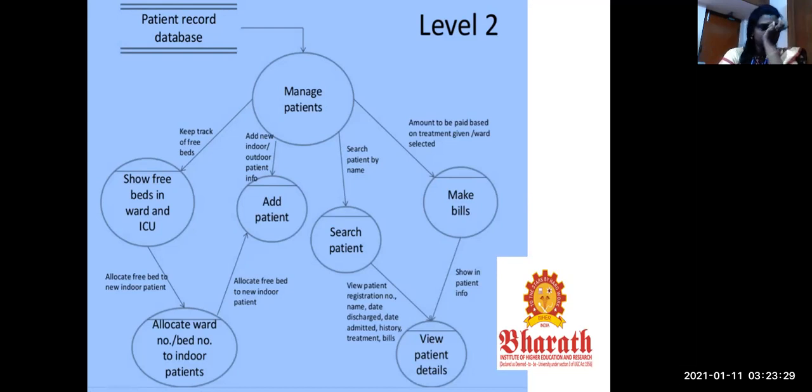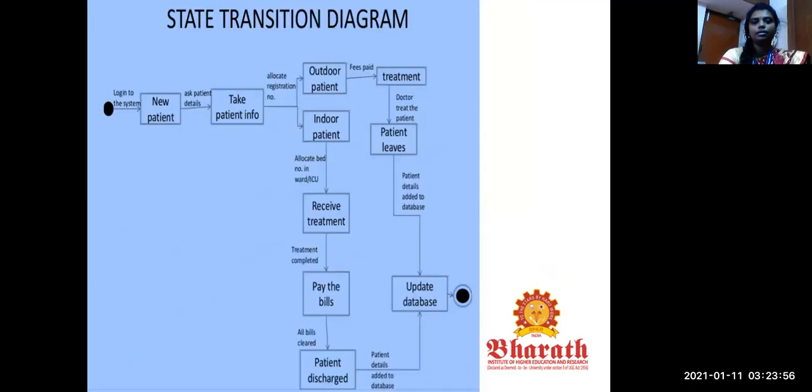Like the patient's registration number, name, date, discharge, date of admission, history, what kind of treatments he has undergone, and then medical details like pharmacy details, and then at the stage of discharging, they'll have patient billing status details. So everything will be there. And look at this diagram.